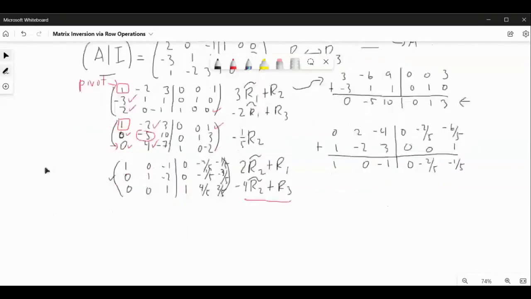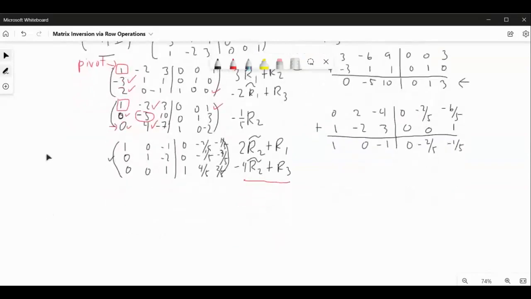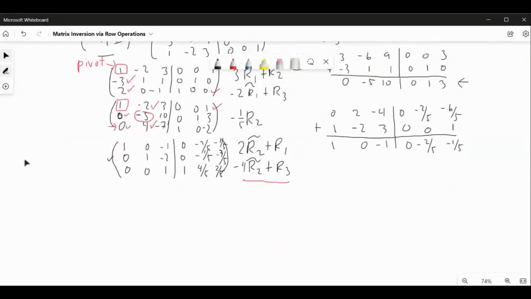All right, so we are actually getting close to obtaining an identity matrix on the left side of our augmented matrix. And so we now focus on the next step, okay?